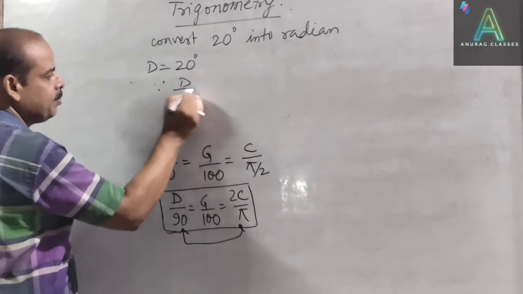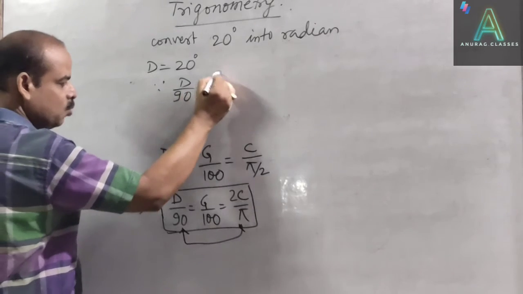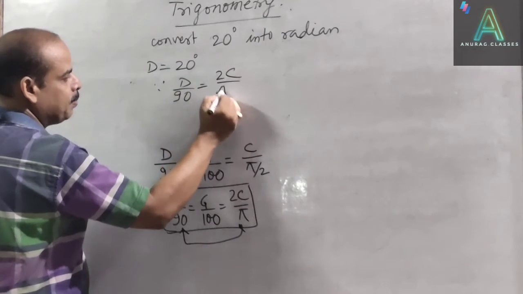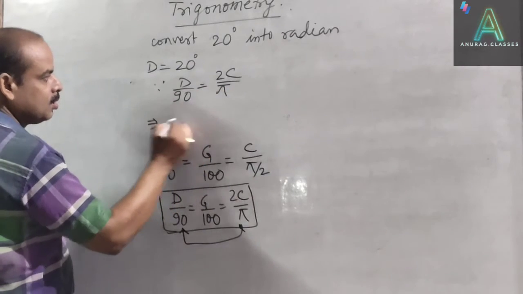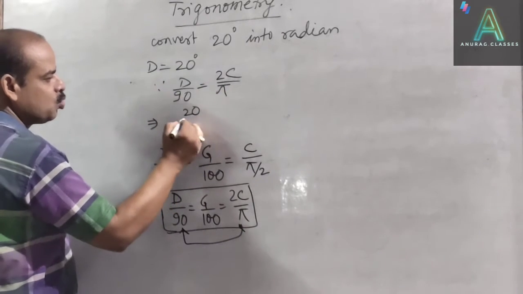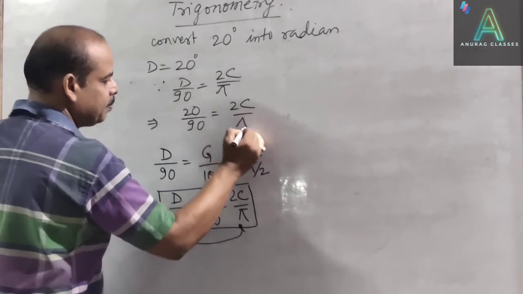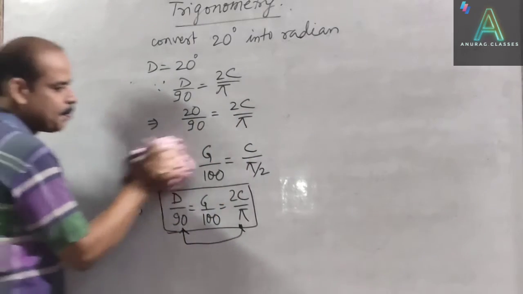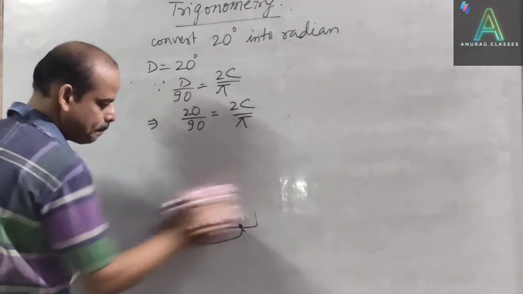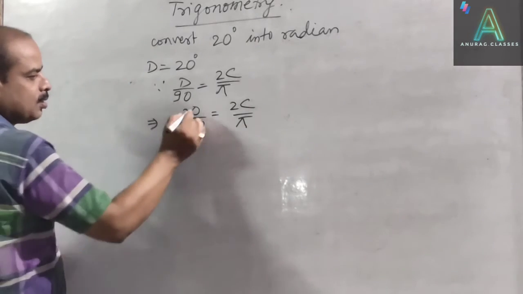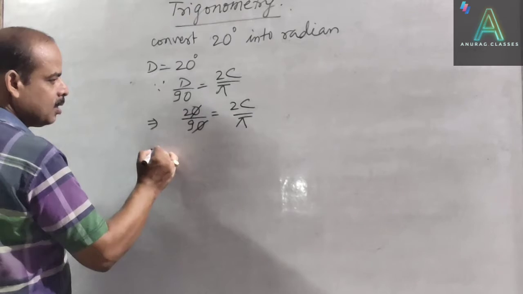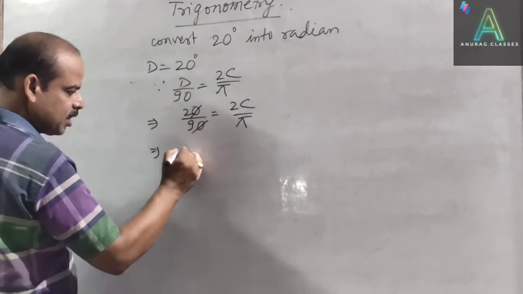Since d by 90 is equal to 2c by pi, the value of d is 20, so 20 by 90 is equal to 2c by pi. 0, 0 cancel. You can cancel 2 from both sides.